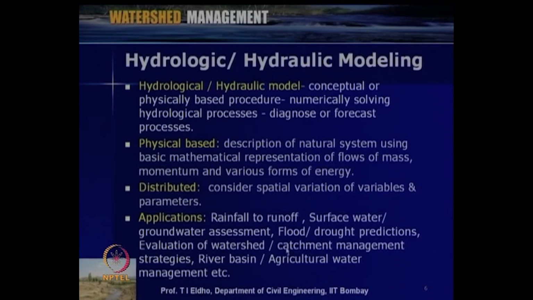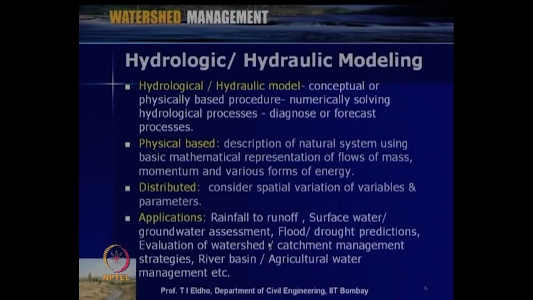And as we discussed in earlier lectures also, a large number of applications are there for such hydrologic or hydraulic modeling, I mean the physically based or distributed modeling, like rainfall to runoff, surface water and groundwater assessments, flood or drought predictions, evaluation of watershed, catchment management strategies, river basin or agricultural water management, etc. So, a number of applications are there.